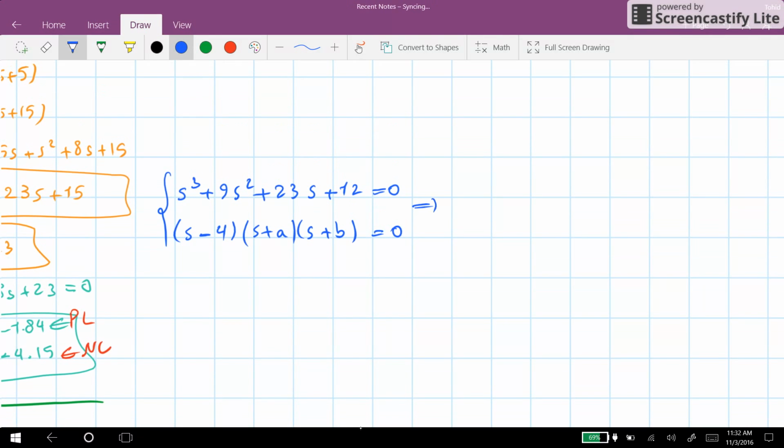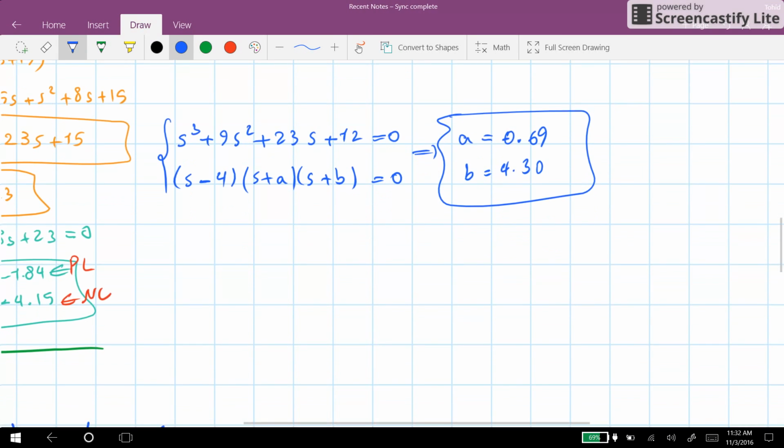And from here you can find the values of a and b, where a would be equal to 0.69 and b would be equal to 4.30. So we will have s plus 4, s1 at minus 4, s2 at minus 0.69, and s3 at minus 4.30.